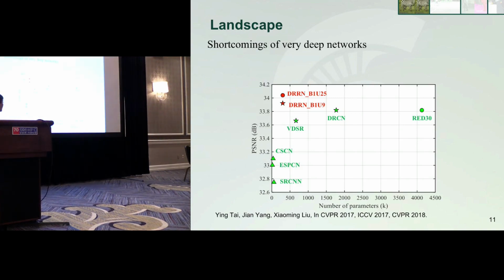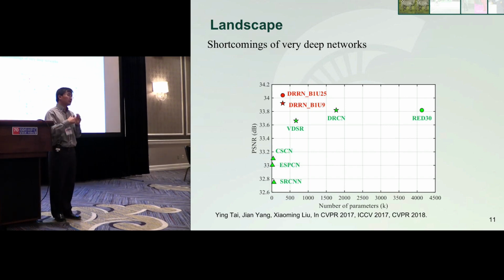For this problem, our contribution is this: you can see a comparison of multiple methods in the research community, showing which perform best, where the vertical axis is PSNR, an indicator of how accurately you can do image super resolution, and the horizontal axis is the number of parameters in your model. In general, the more parameters, the more processing time you need.